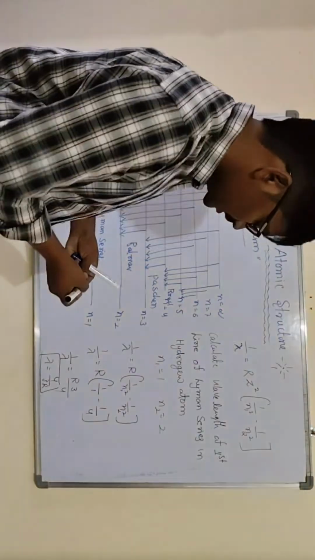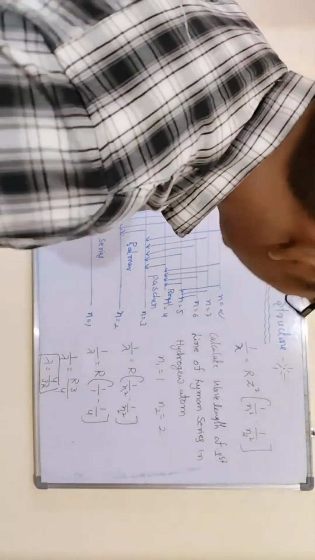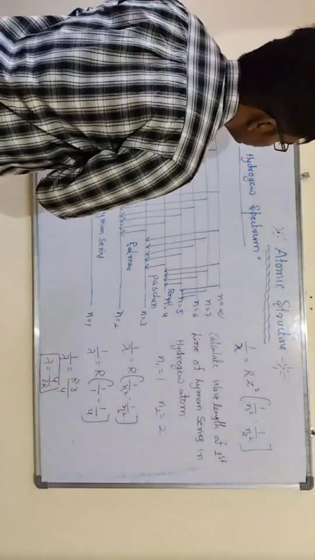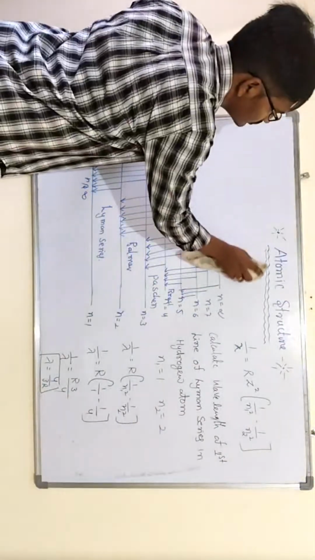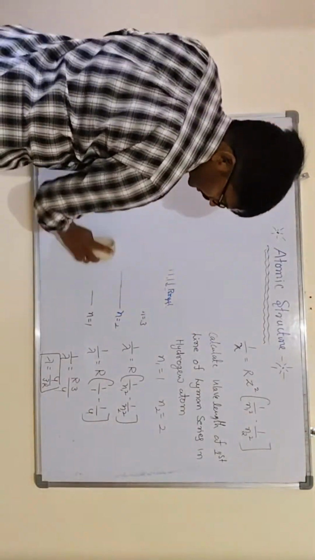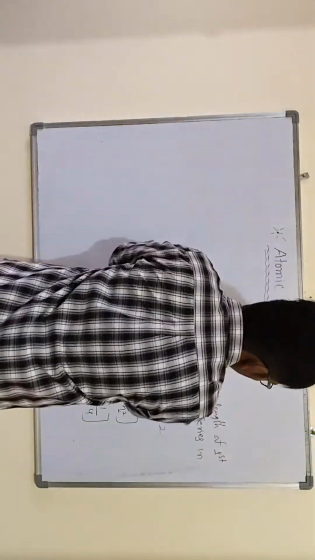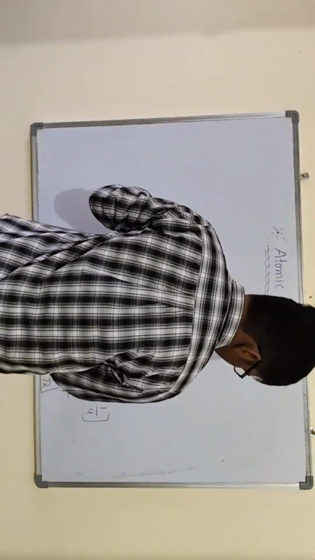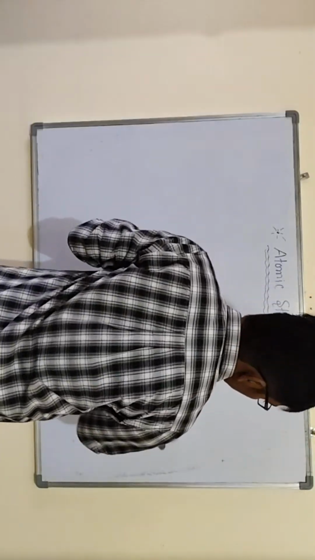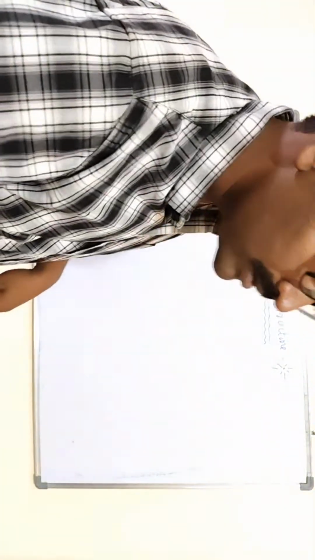Such types of questions they will ask in the examination based on this. Then they also ask the radius of the nth orbit, the first, second or third orbit of hydrogen atom, then the energy of the nth orbit of hydrogen atom or hydrogen like species.